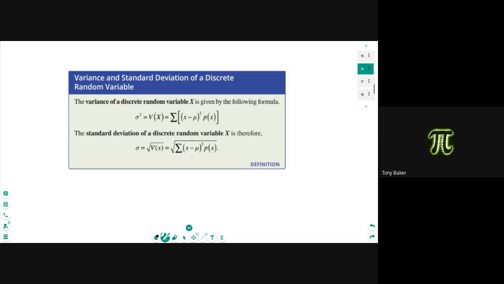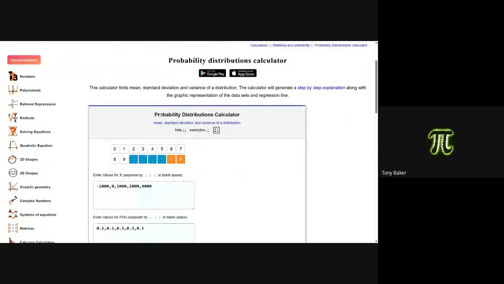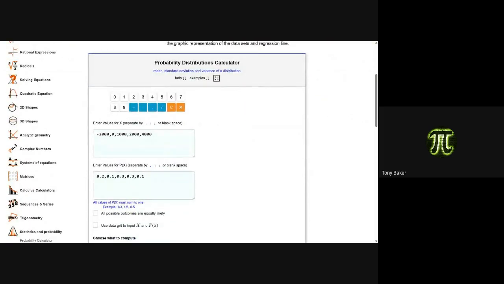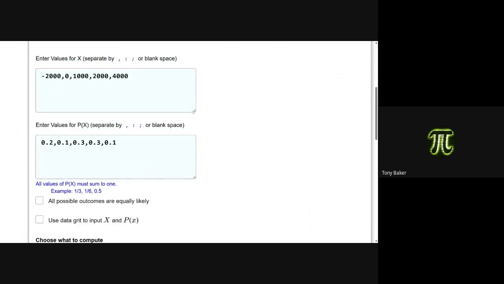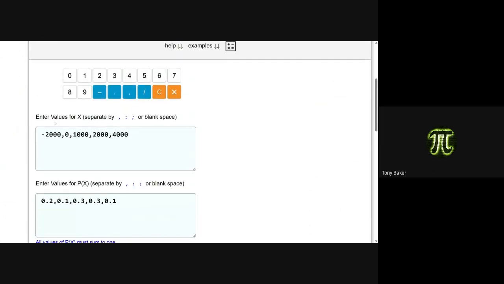I will have this site on my website. This website has a probability distribution calculator. It will allow you to find the mean, the standard deviation, and the variance. How you do this, the very first one, you're typing in the values.